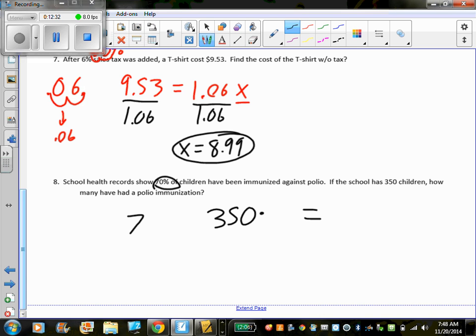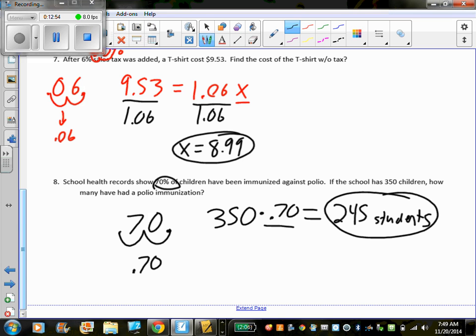So we start with 70%. We need that as a decimal. Move the decimal place over twice. Gives us 0.70. So that's going to be what we multiply our 350 by. So 350 times 0.7 gives us that 245 of the students have been immunized. And there it is.